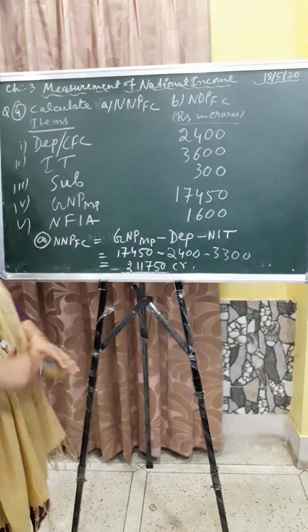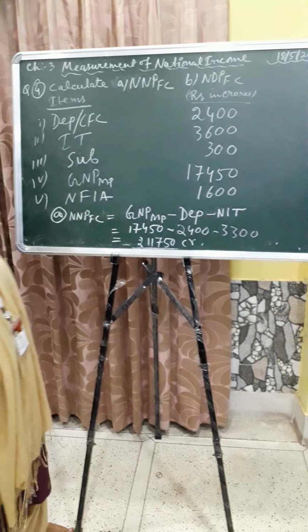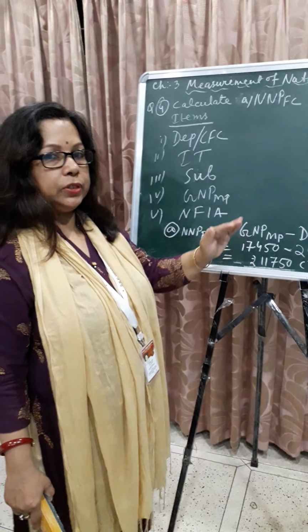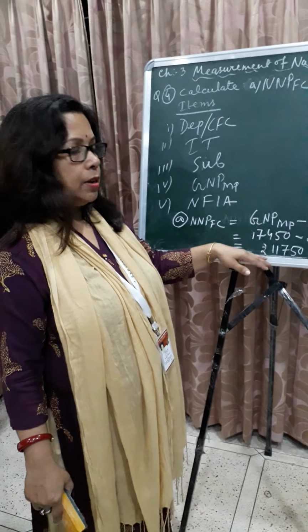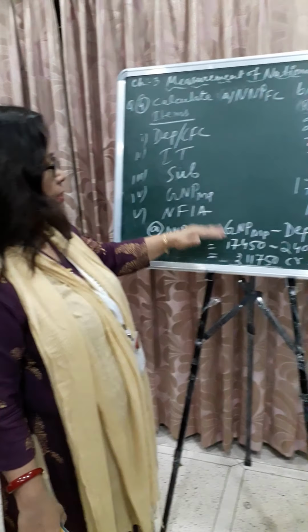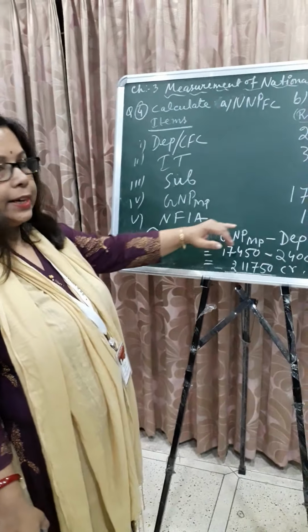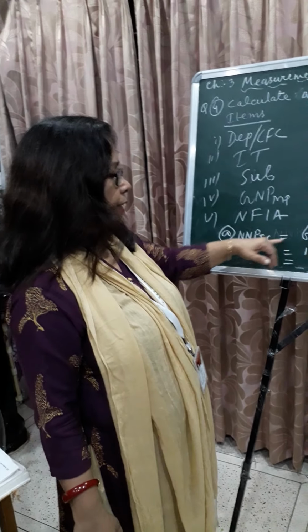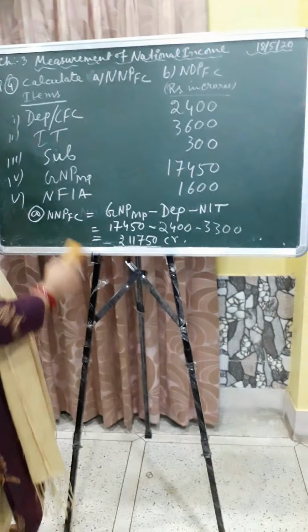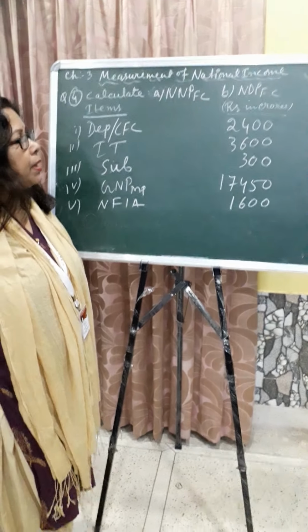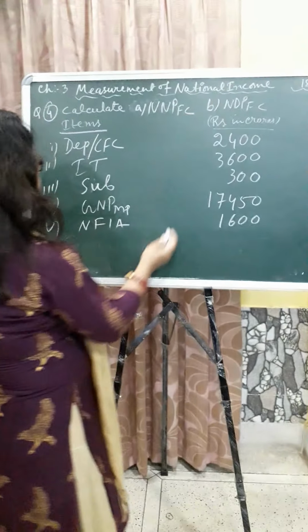Now next, NDPFC. So understood how to calculate. First you make the structure, then with the help of this structure you calculate. There is no space, so I am rubbing out this portion and writing directly. When you memorize this formula, you can write directly in this way. Now number B, NDPFC.